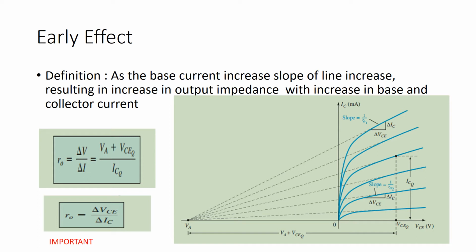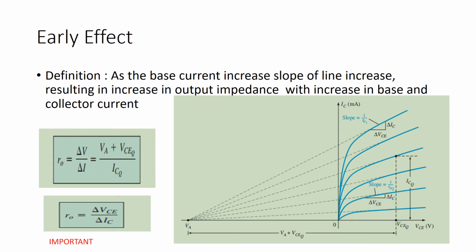Now, as the base current increases, the slope of the line increases. Slope defines the resistance, resulting in an output impedance with an increase in base and collector current. This is defined as the early effect.